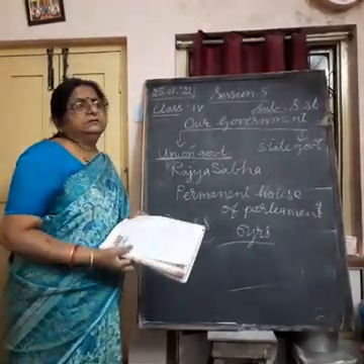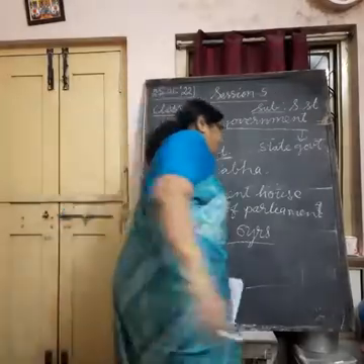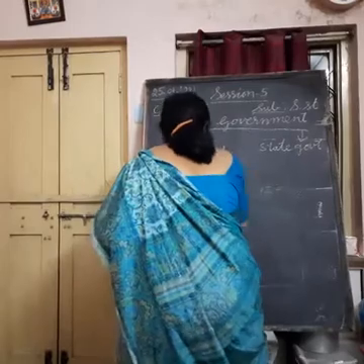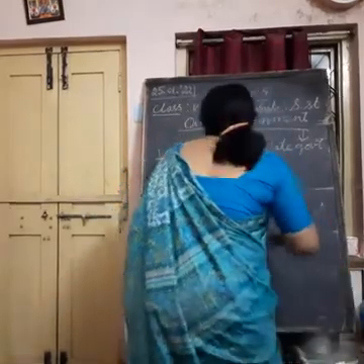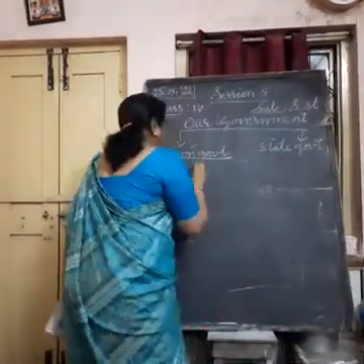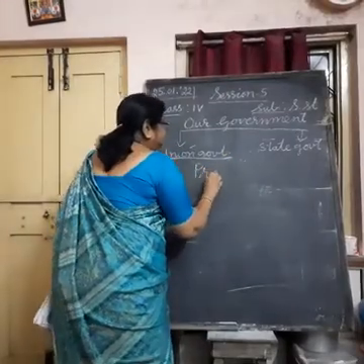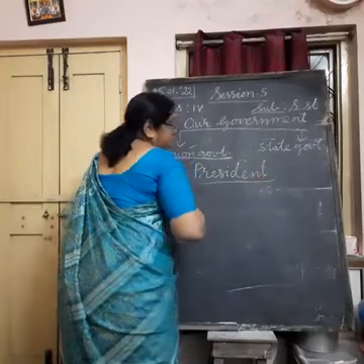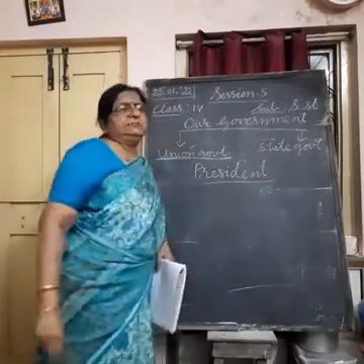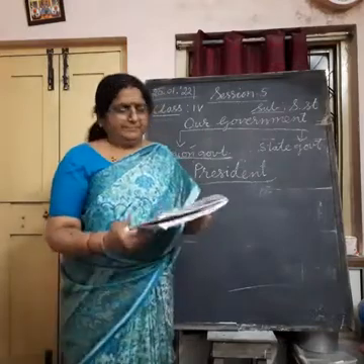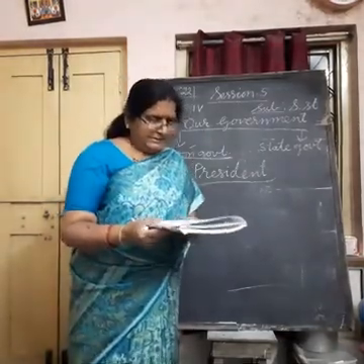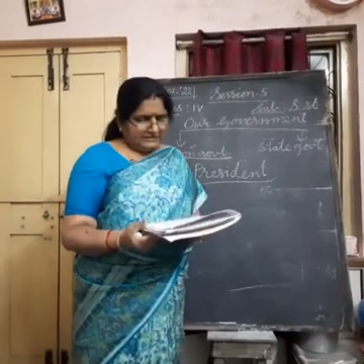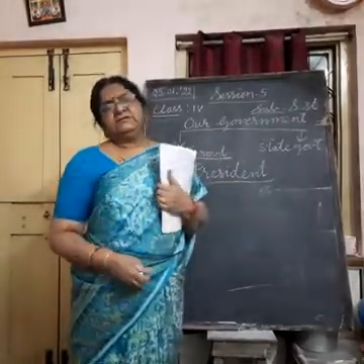The president. The president is the head of the country. Understand? So the third wing is the president. The third part of the Indian Union government is the president. Now at present who is our president? Ramnath Kovind. The President of India is elected by the elected members of Lok Sabha, Rajya Sabha and the state legislative assemblies.